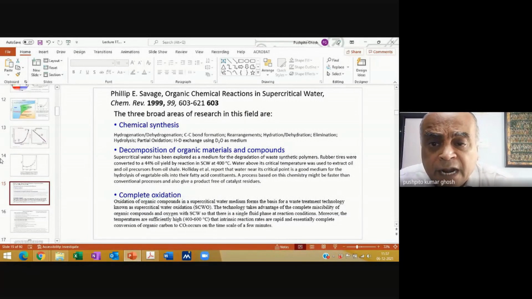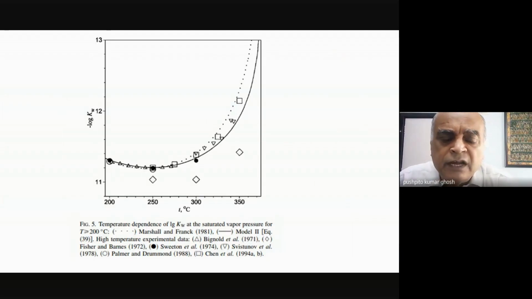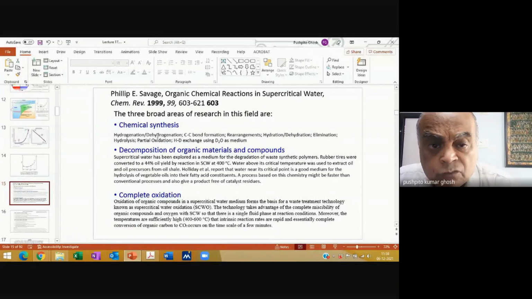For example, there are many reactions which have been carried out, actual chemical synthesis under these conditions, where really what you are taking advantage of is the higher acidity and alkalinity of the water under those conditions. So many of the things which you might normally associate with acid catalysis, like hydration, dehydration, elimination, hydrolysis, you can actually carry out in supercritical water without putting any chemicals in.